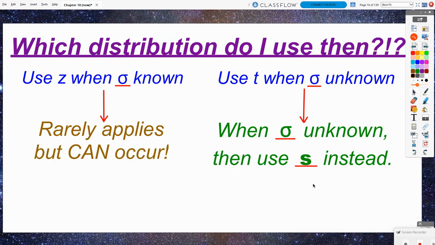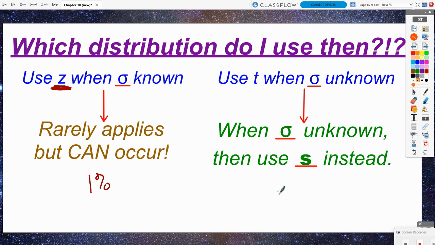So again, let me break down when you are going to use a z critical value versus when you use a t critical value. If sigma, the population standard deviation, is known, but this is rarely going to happen, you're going to go back and use that original z critical value. I would maybe say in 1% of all cases, you might use the z critical value.